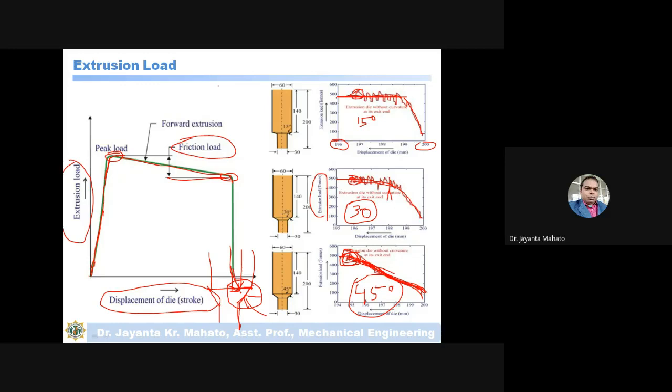Here the load will decrease after some displacement of the die, means after some extrusion of the part. But whenever we increase the angle again, up to 45 degree, then this load will decrease from the initial, so more load is not required.